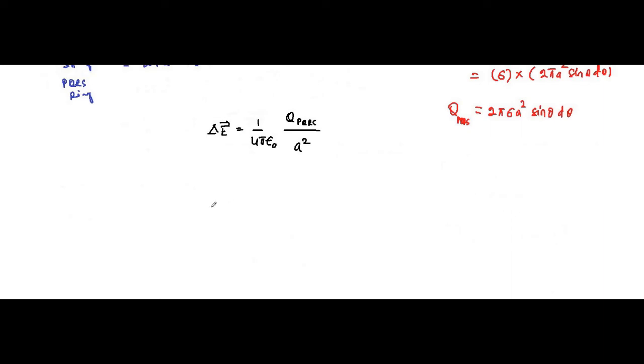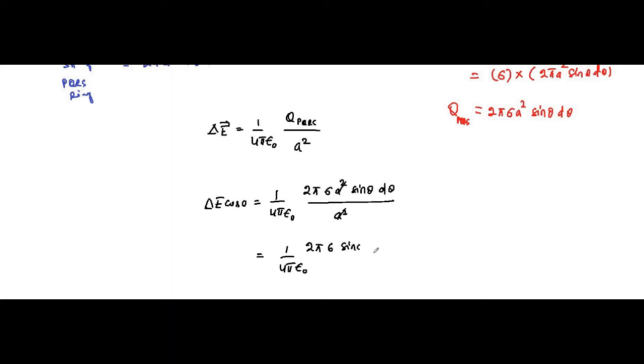So we can write delta E cos theta is equal to 1 by 4 pi epsilon 0 times 2 pi sigma A square sin theta d theta by A square. A square gets cancelled, so it is simply 1 by 4 pi epsilon 0 2 pi sigma sin theta d theta, this much.